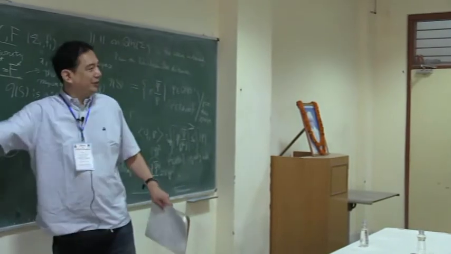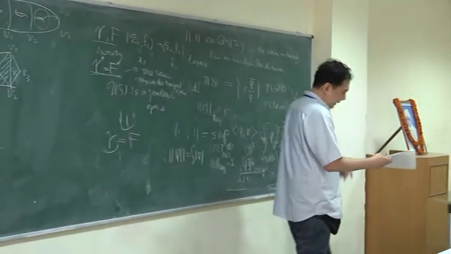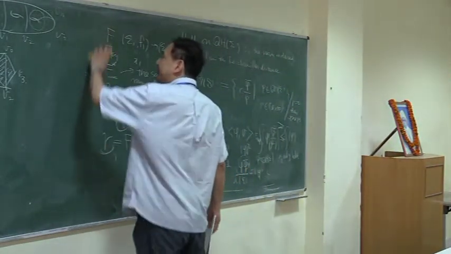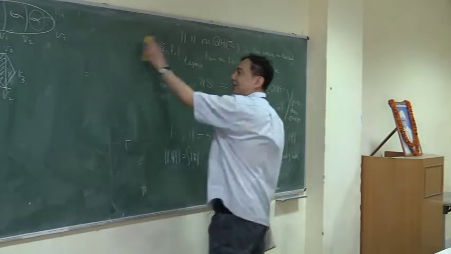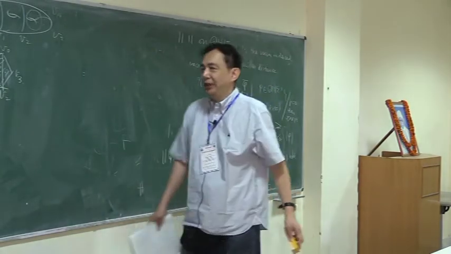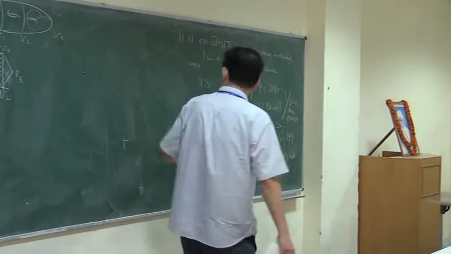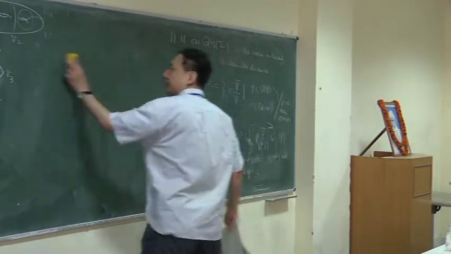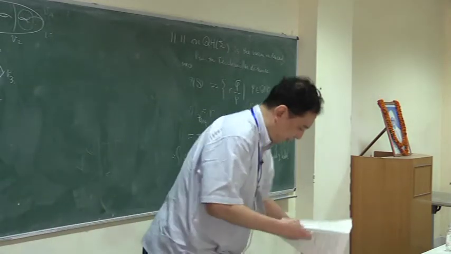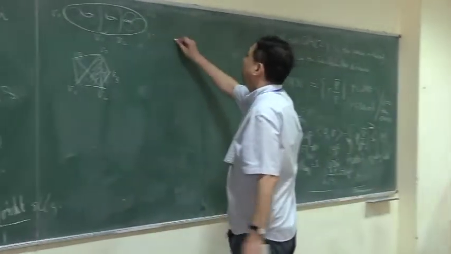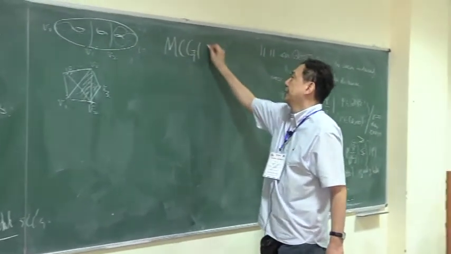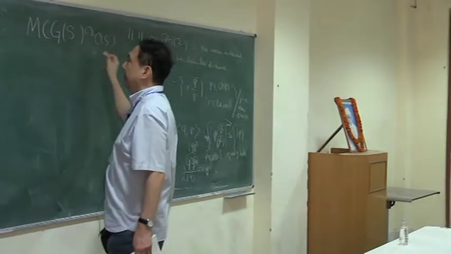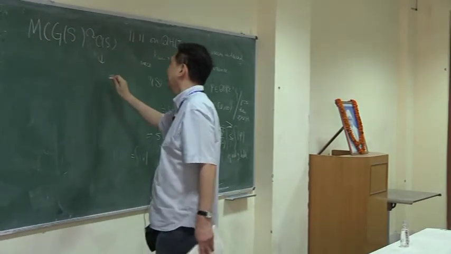So that's the definition, okay? And it's easy to see the mapping class group acts on this object by simplicial automorphism.